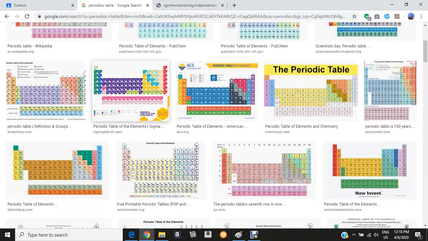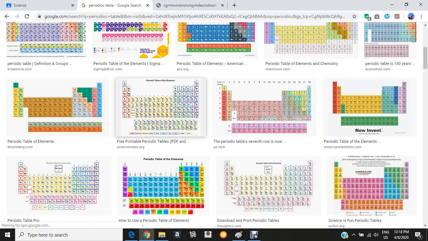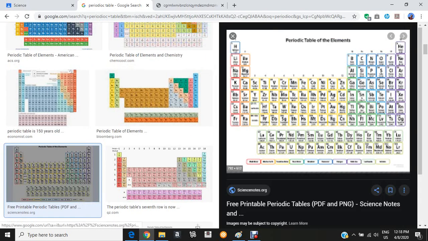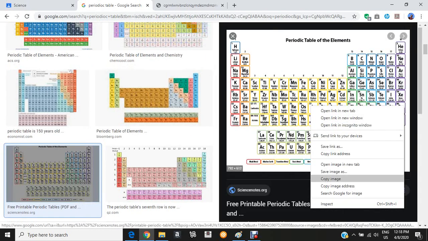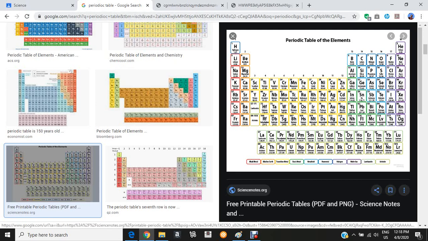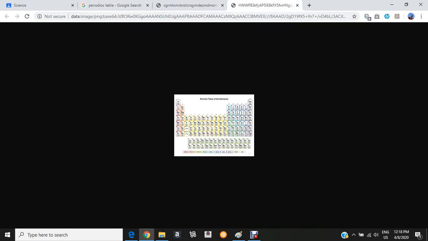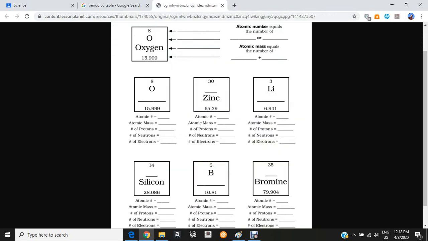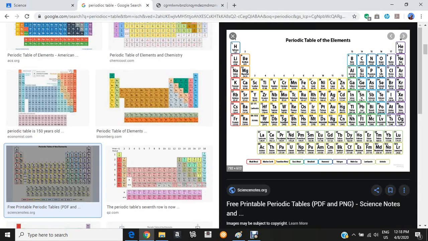Any of these is good. Of course, when you find something like free printable periodic table, it would be better. Of course, the resolution is too small. We can't use it.